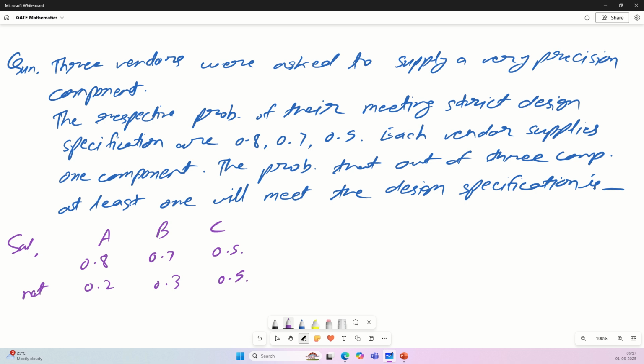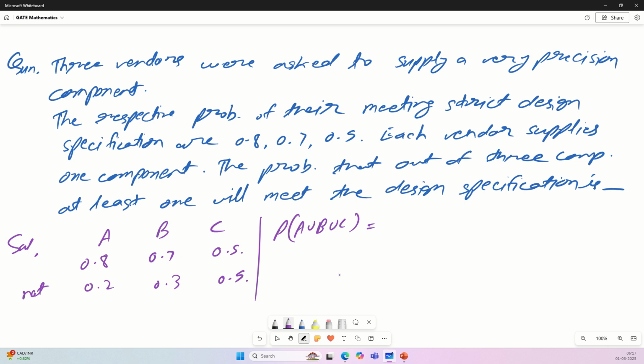So this is the data that we have. Now if one of them is meeting the specification, then our aim is to find out probability of A union B union C. How one of them or all of them or more than one of them is meeting the spec, right?